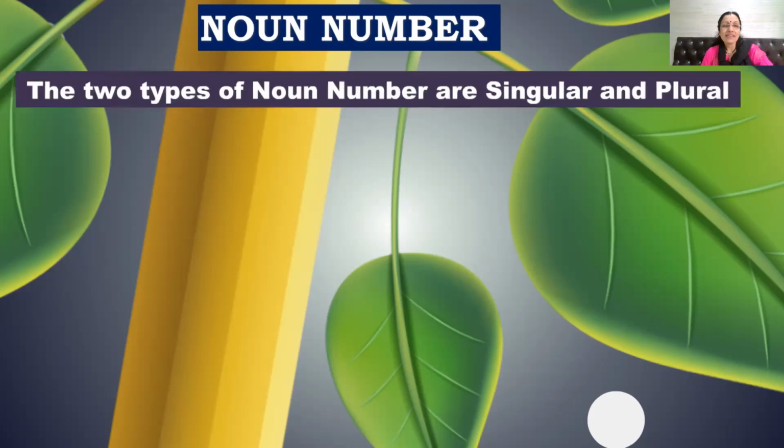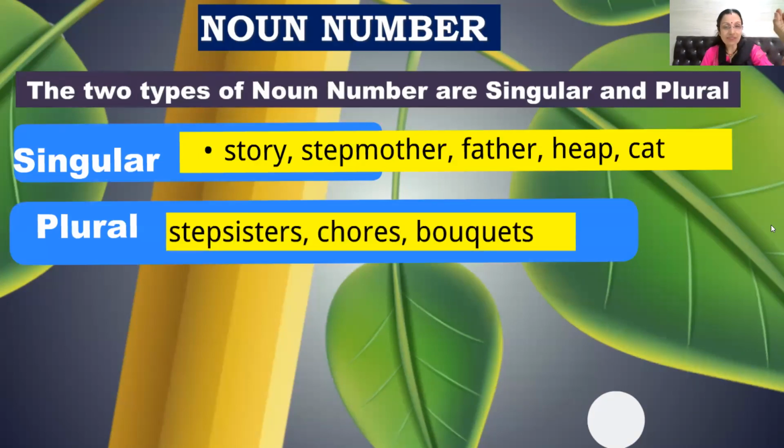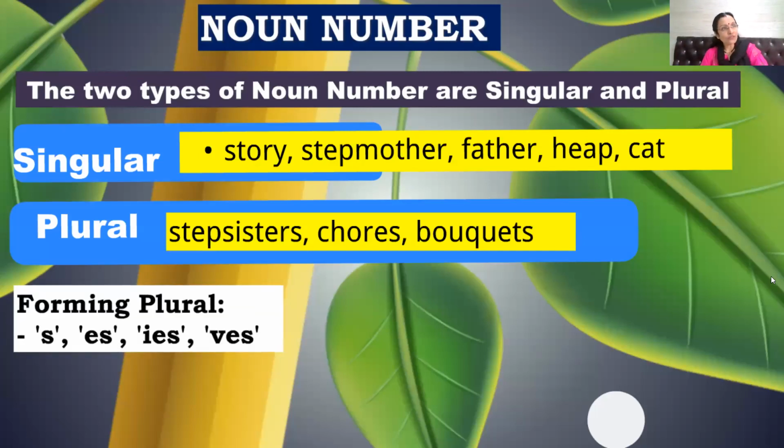Fine. The two types of noun numbers: singular, plural. If you see singular: story, stepmother, father, heap, cat. Plural: stepsisters, chores, bouquets. Fine. So we know this now. Forming plurals, how do we form plurals?